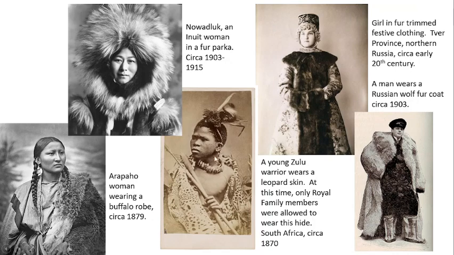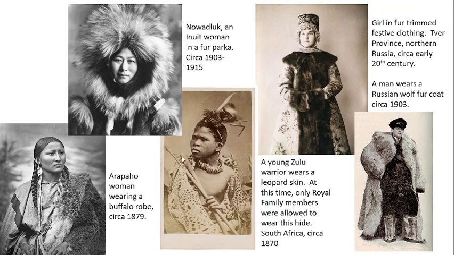You see it being draped over her shoulder here. Here, of course, is an Inuit woman in a fur parka, and as it would be imaginable, fur is much more readily seen in cultures from cold climates than it is from warm climates. But of course, even in warm climates, it is represented in those cultures.